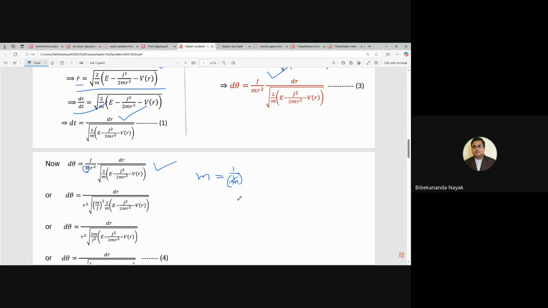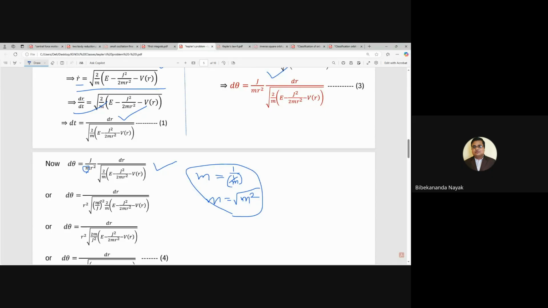Again, when m enters the root, I write m as root of m squared.